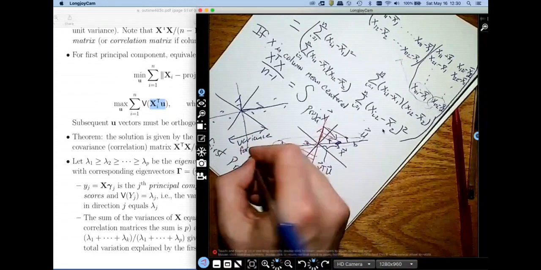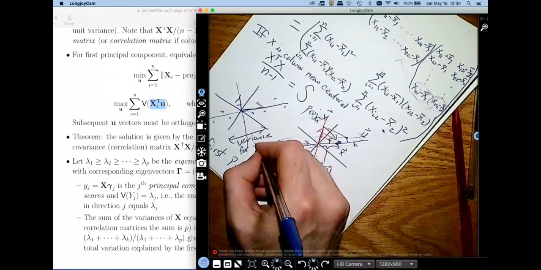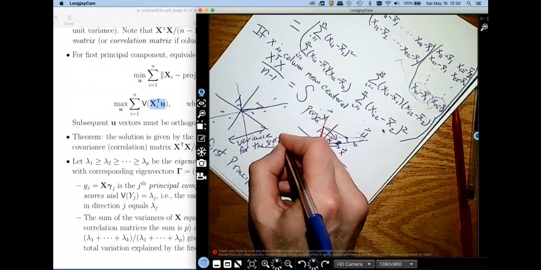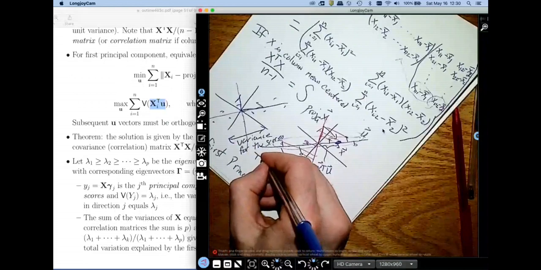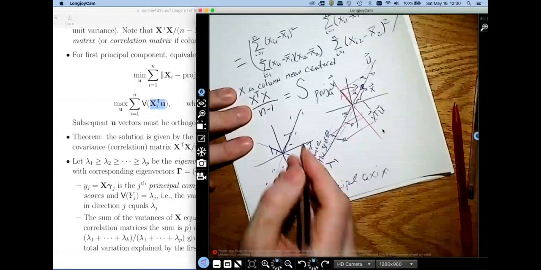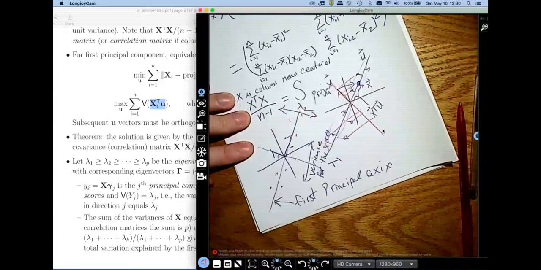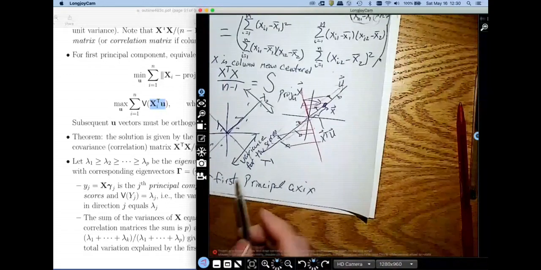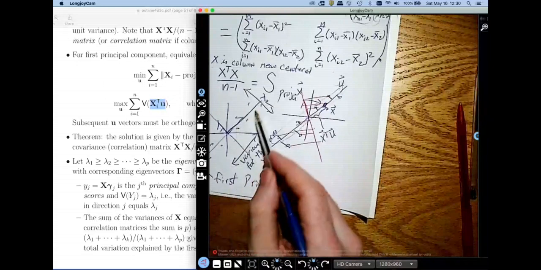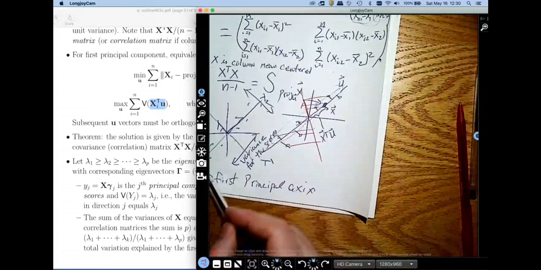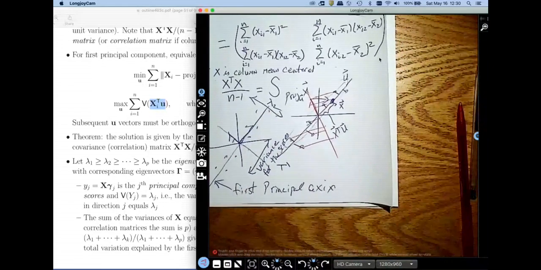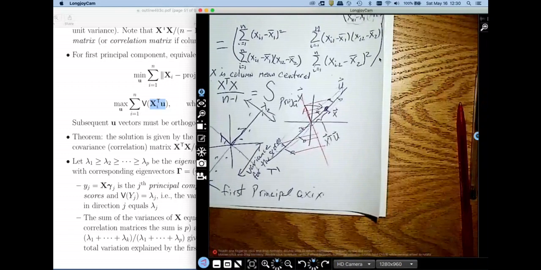The variance for the scores in this direction is going to be lambda 1. Now you could think about the variance of the scores in this direction as lambda 2. So lambda 1 is clearly much bigger.